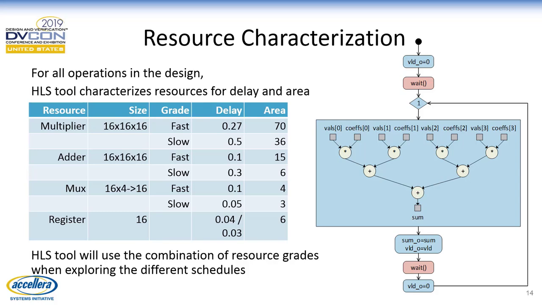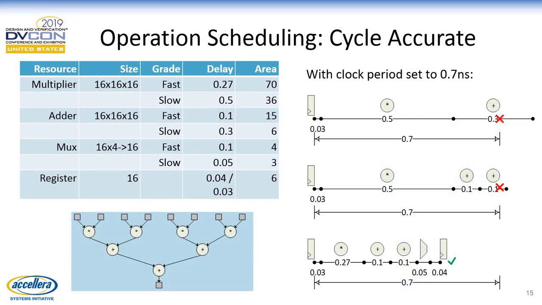With that, it can try to build a schedule. You can see here on the right side, there's a 0.7 cycle time. If we put a slow adder followed by a slow multiplier, it's not going to work, so we need to go back. A slow adder followed by a slow multiplier followed by a fast adder, not going to work. So we need fast, fast, fast, mux, register, and boom, it fits in the cycle.